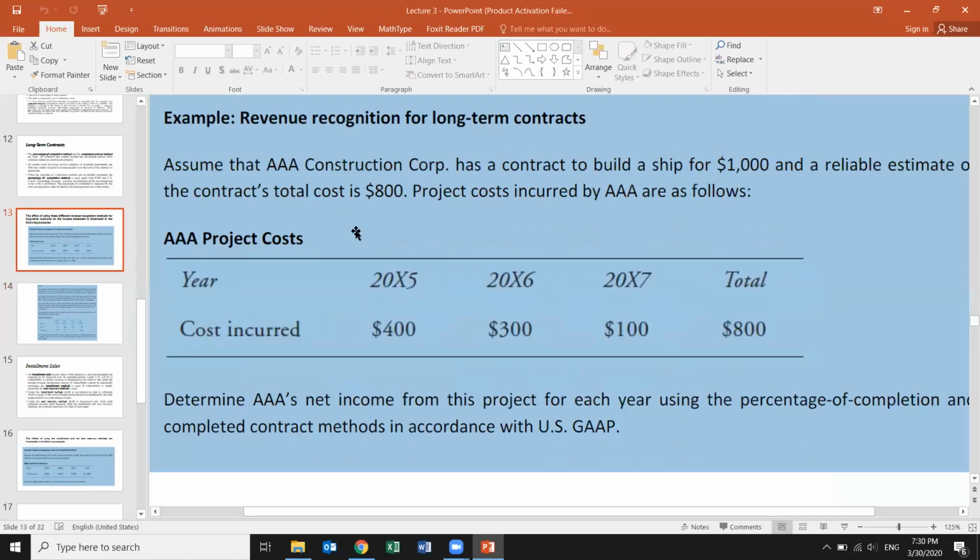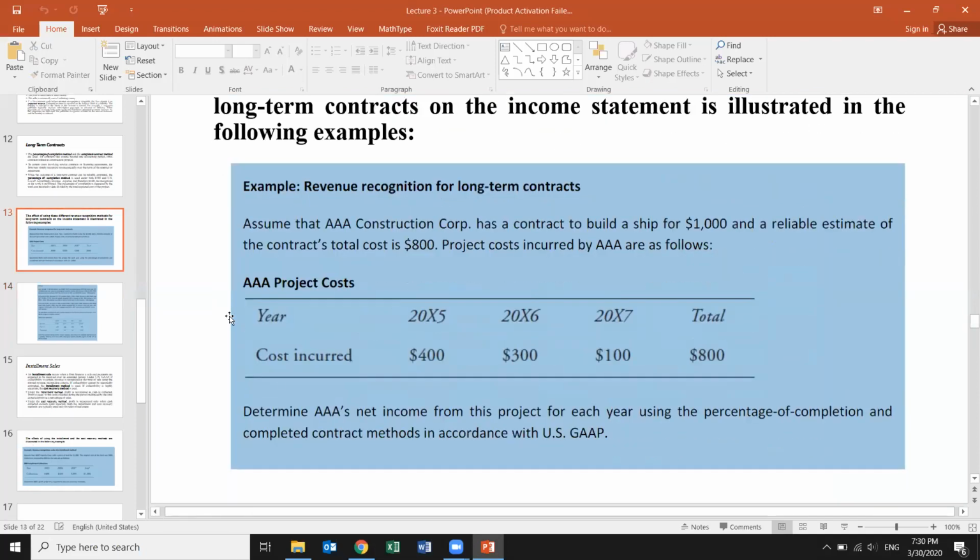Now, guys, here is the example. Can you see the example now? Yeah. The construction company earns 1,000 selling the ship for 1,000, and they incur a cost of 800 to produce that ship, but they sell it for 1,000. So their profit is $200 net income.